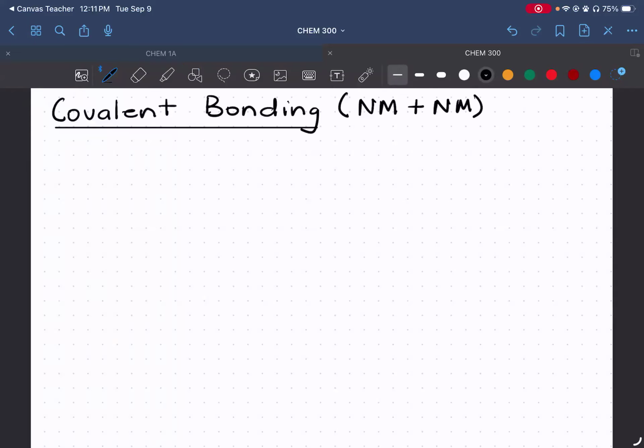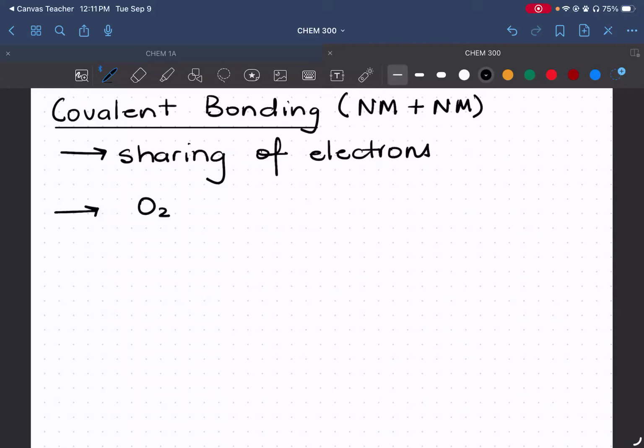All right. So covalent bonding, in comparison to ionic bonding, isn't a direct transfer, but more accurately, it's a sharing of electrons. And we're going to look at 2 examples that really get that point across. The first one is oxygen, O2.